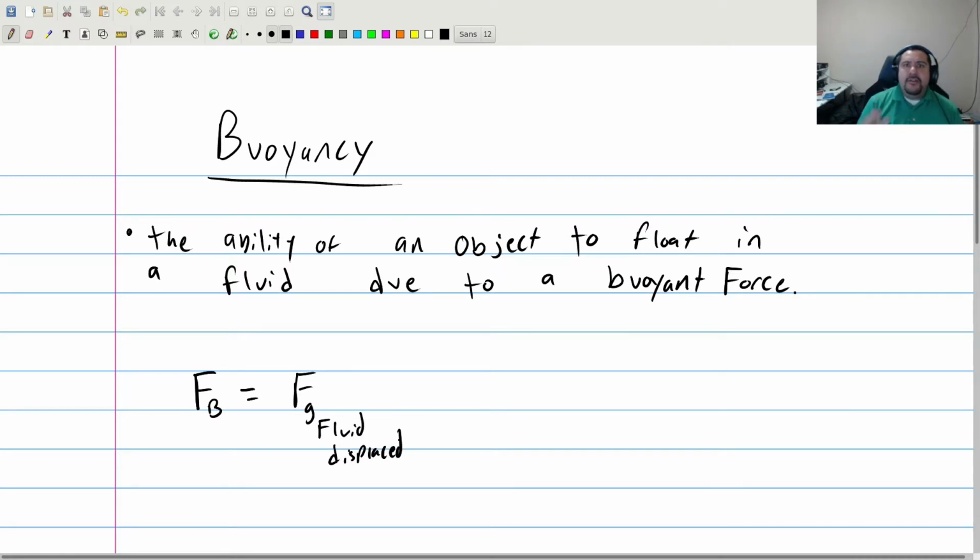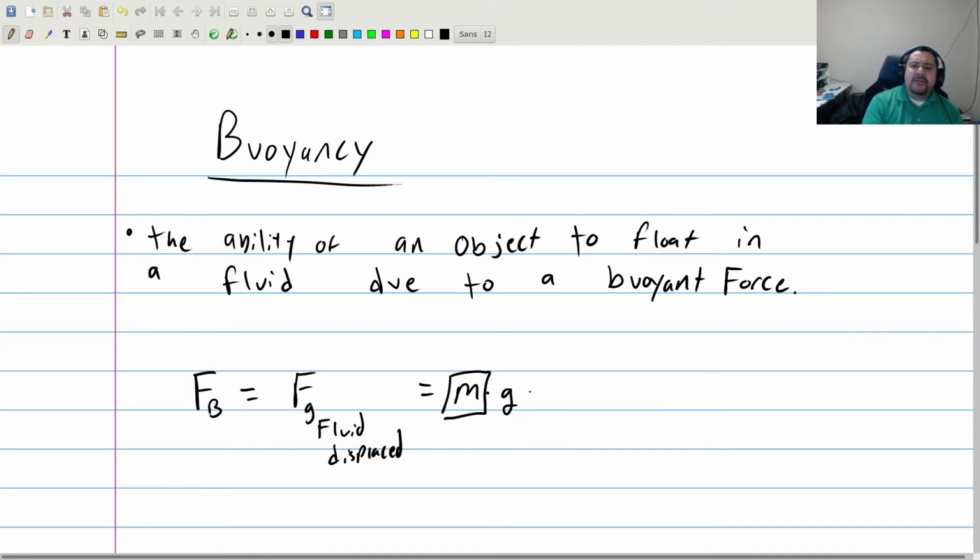Okay, well, how do you find the force of gravity? Well, that's easy. The force of gravity on anything is m times g, mass times the force of gravity. The problem is right here. If we push fluid out of the way, it's hard to tell what the actual mass is unless we fill something up to like where it overflows and then capture it all.